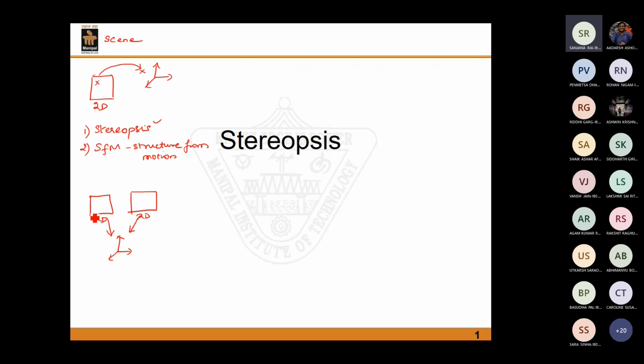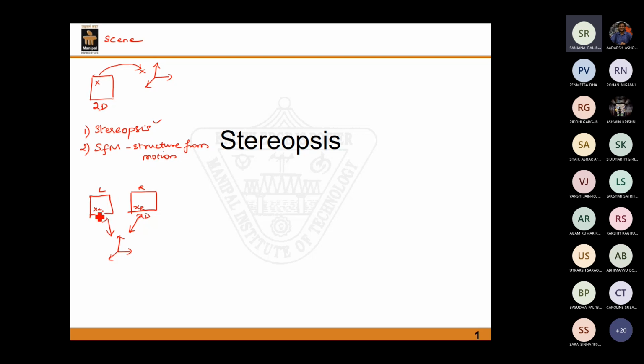In the same way here, given two images, when you use them to reconstruct that 3D point, let's say I have some point XL, and another point XR. L and R stand for the left image and the right image.